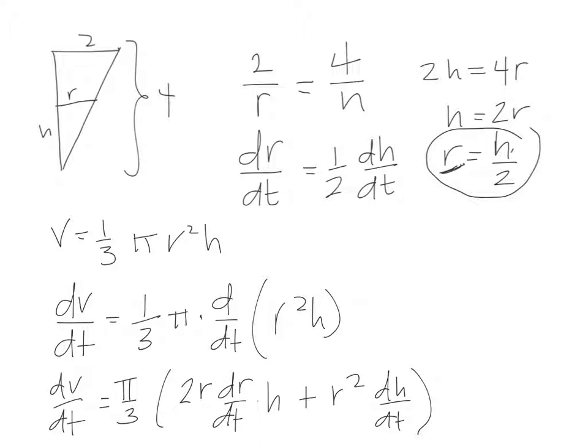So now you can see I have two differing rates right here and right here, and I don't know what those rates are, so I'm going to use this relationship to replace that dr by dt.